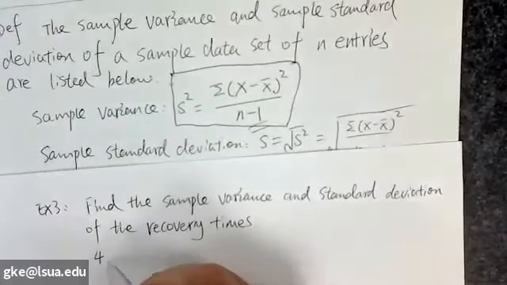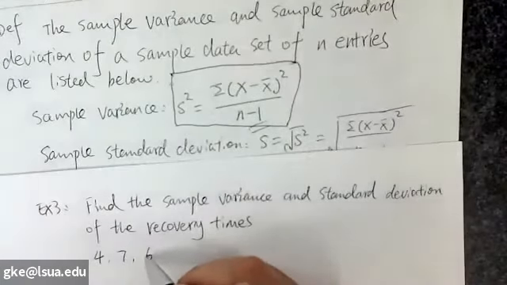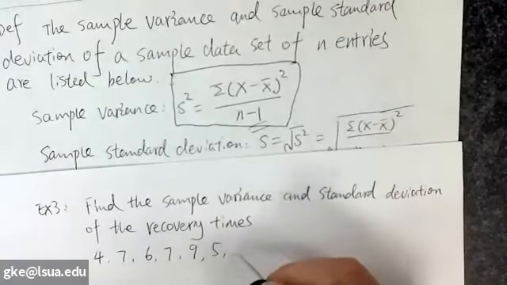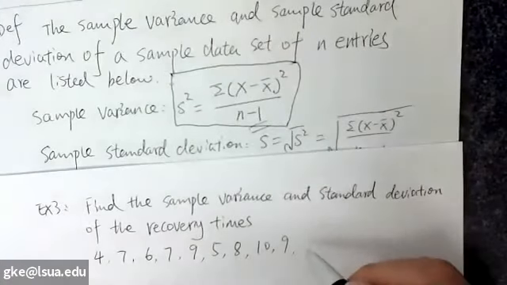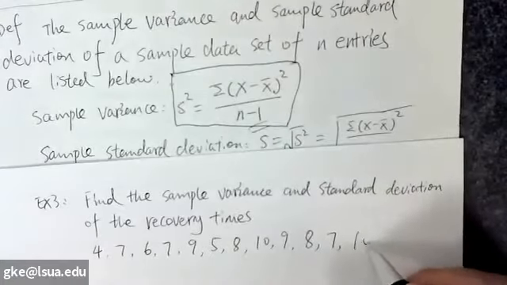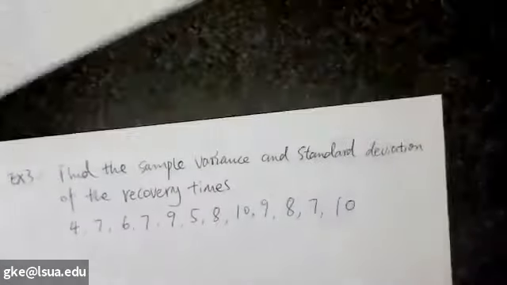I gave you guys a bunch of data: 4, 7, 6, 7, 9, 5, 8, 10, 9, 8, 7, 10. Now follow these 4 steps.